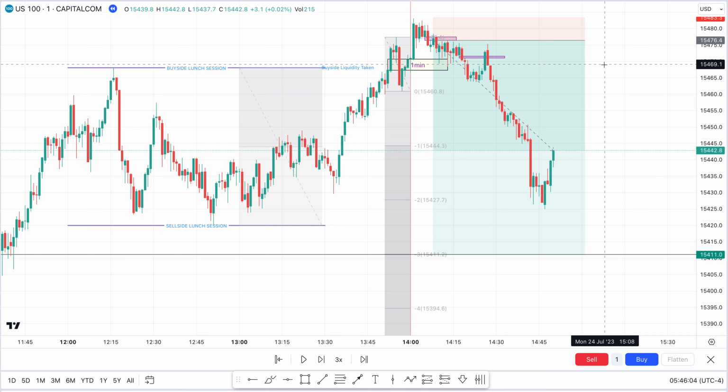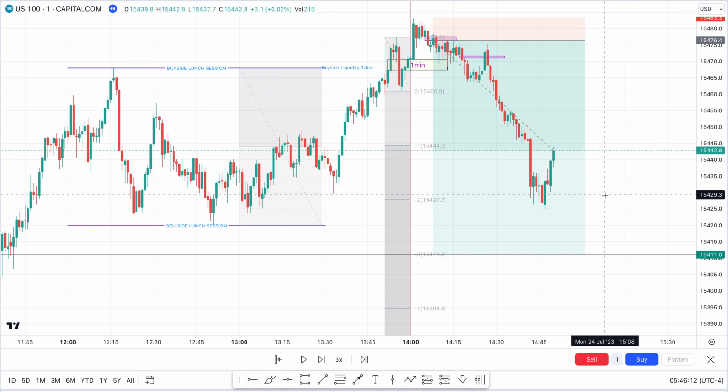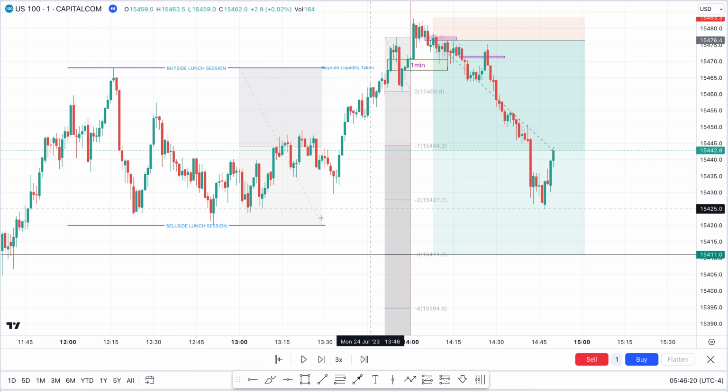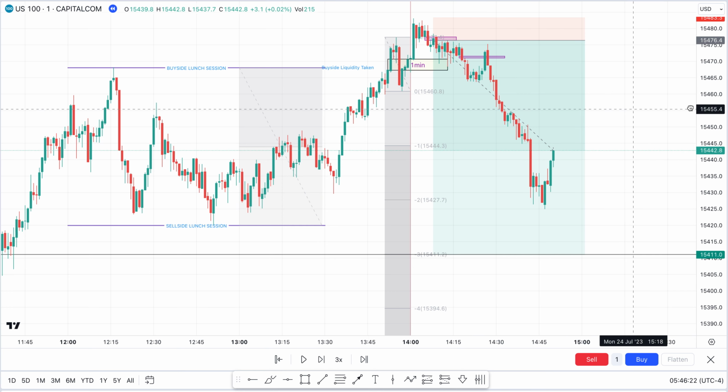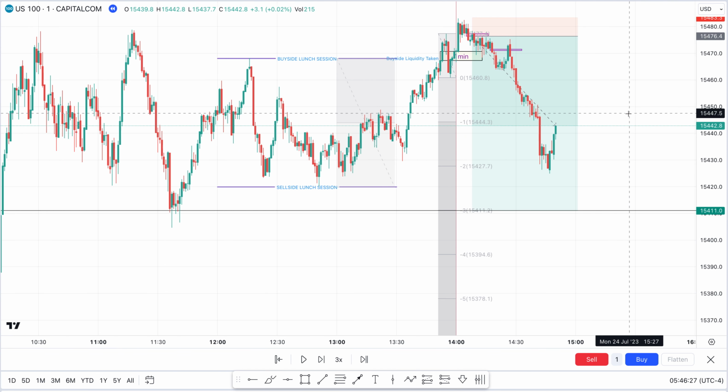It has to run to a target, the sell side or buy side of the lunch session, during the 2 p.m. to 3 p.m. move. It could happen the next day in London if it doesn't take out the sell side or buy side of the lunch session. So sometimes you have to hold it overnight, but yeah, it is what it is.